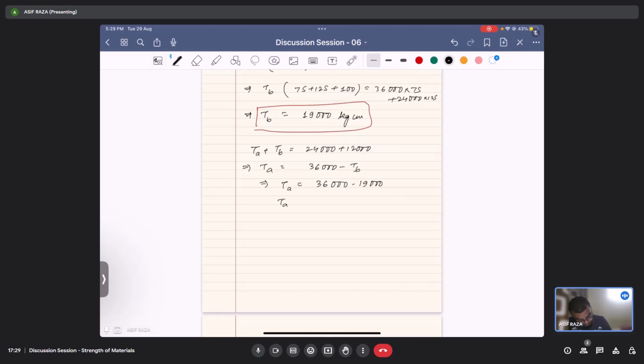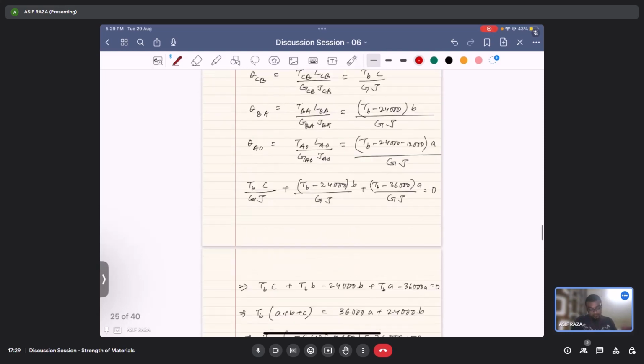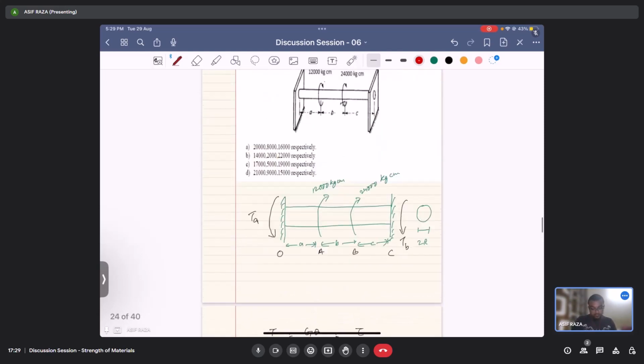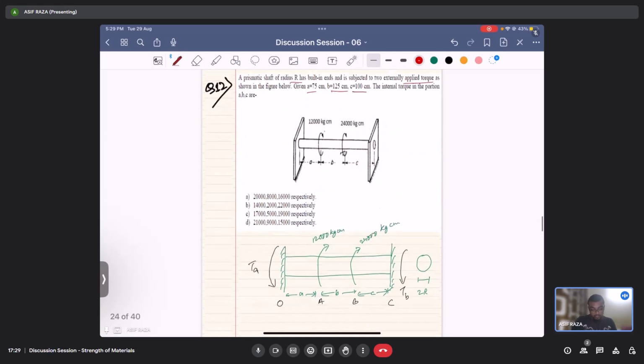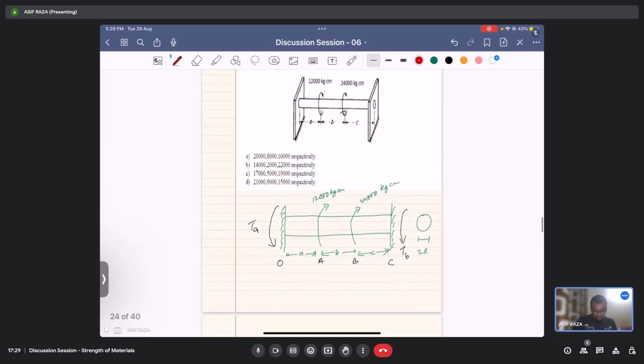This would be equal to 17,000 kg centimeter. So now we have the internal torque in the portion OA and portion BC. In the portion BC it will be TB, in the portion OA it will be TA.